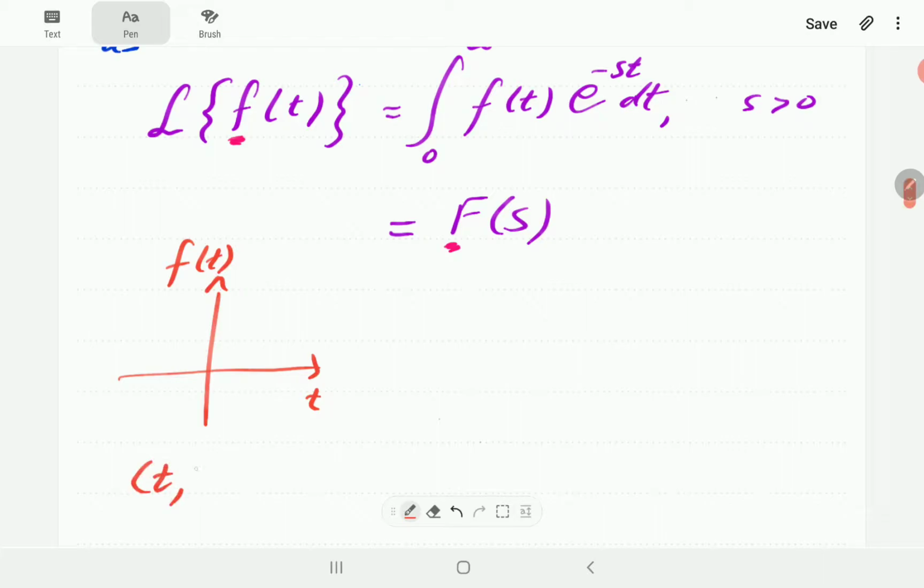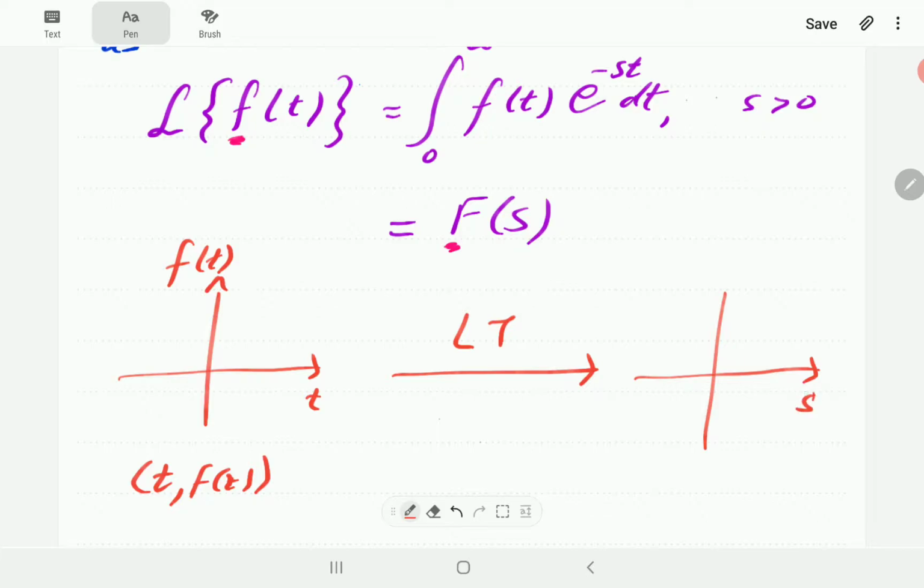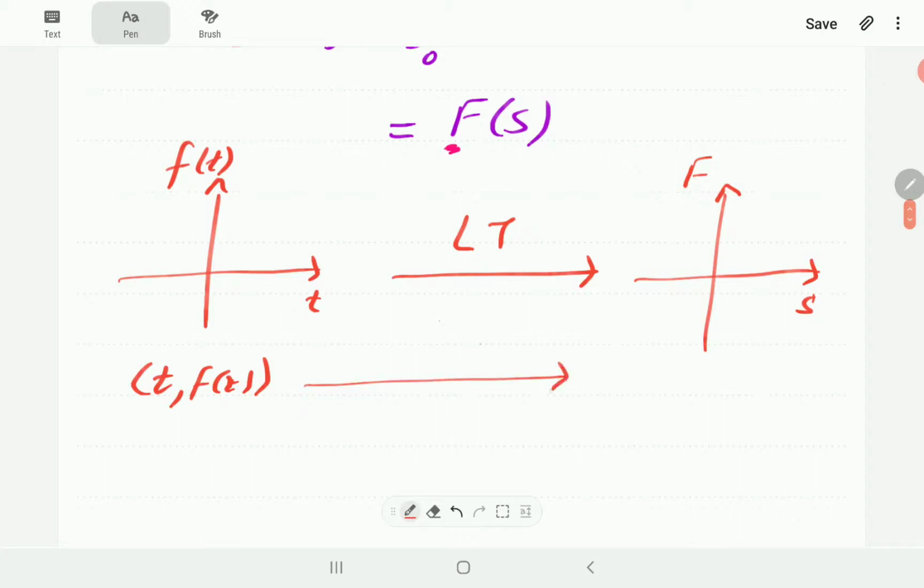Then we make the Laplace transform, and this takes us to the space where the independent variable is now s and the dependent variable is big F. So we're going from t-f space to s-F space via the Laplace transform. This is what the Laplace transform does.